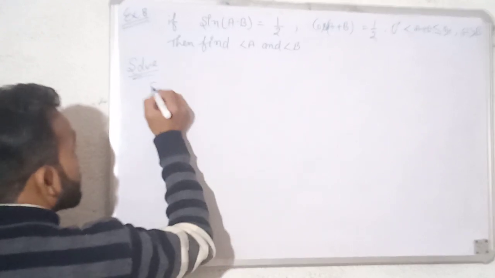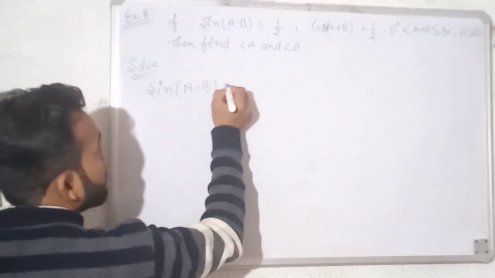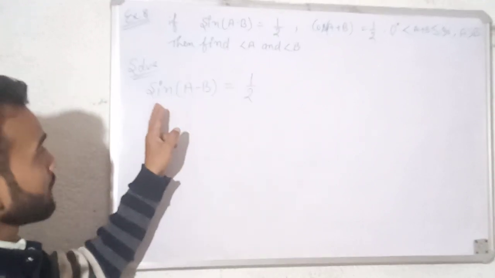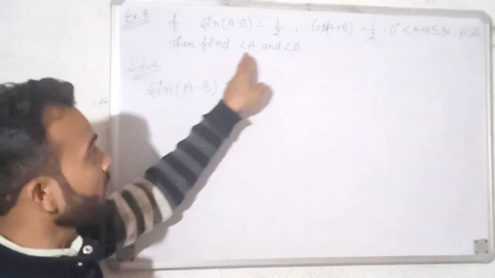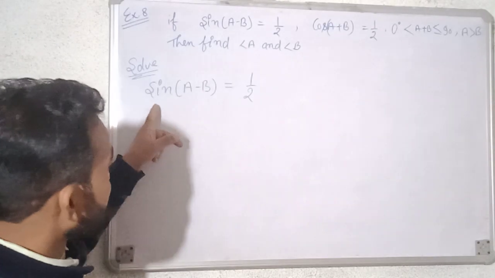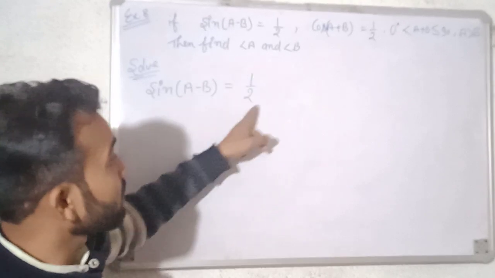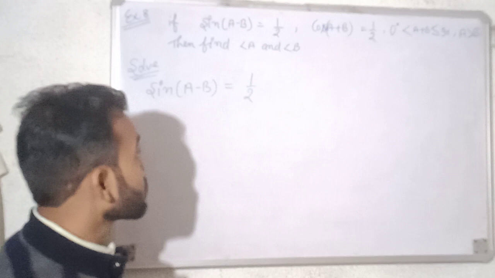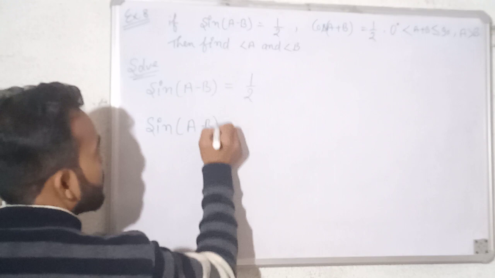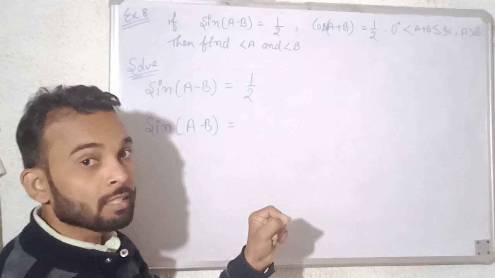It is given sin(A minus B) is equal to 1 by 2. Here it is given in the form of sin, so we have to find this value in the form of sin. So sin(A minus B) is equal to 1 by 2, which is equal to sin 30 degree.